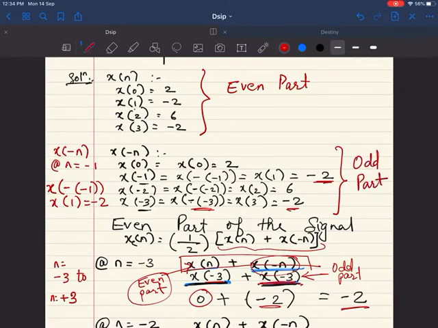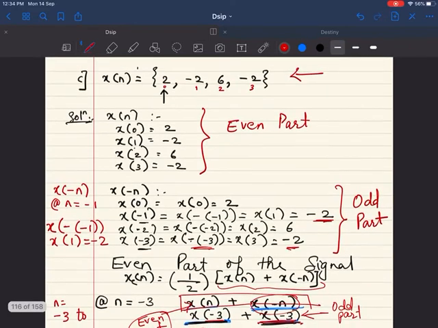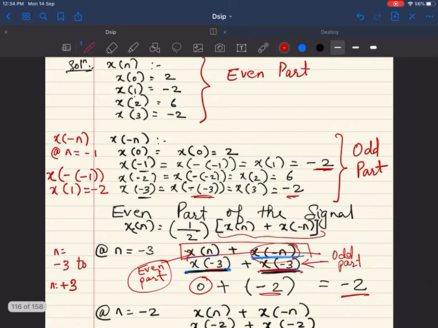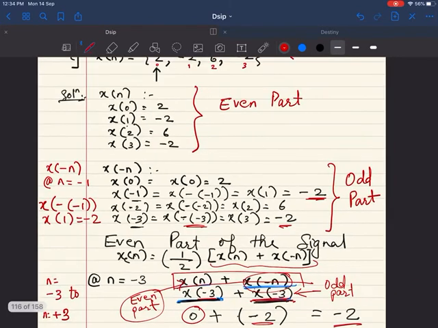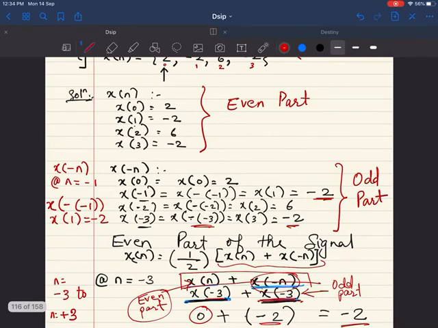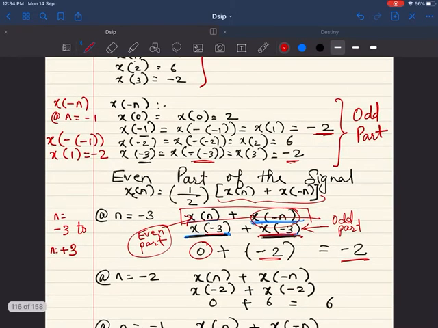X of 0 will remain the same, x of minus 1 will become x of 1, and x of 1 in this case is minus 2, so on and so forth. I get the odd part of the signal. Okay, so now I have even x of n and odd x of minus n. I have the values and I have the range of these values for the sequence. Now I will substitute these values in the given formula.